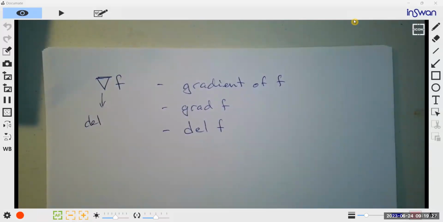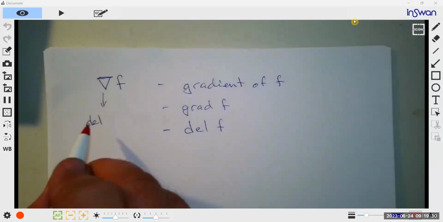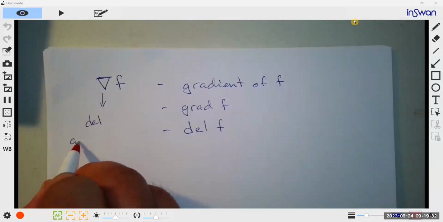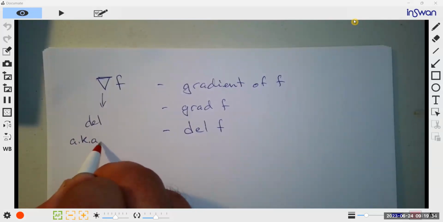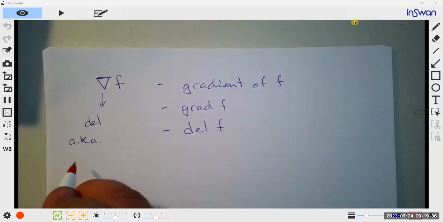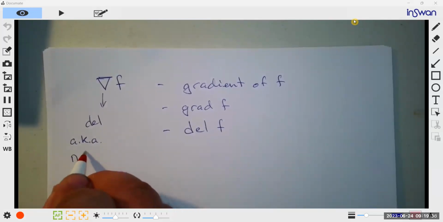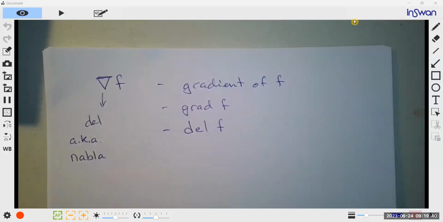Actually, it's got a couple other names. It's also called the nabla, or atled.